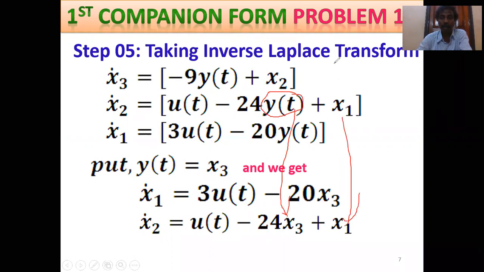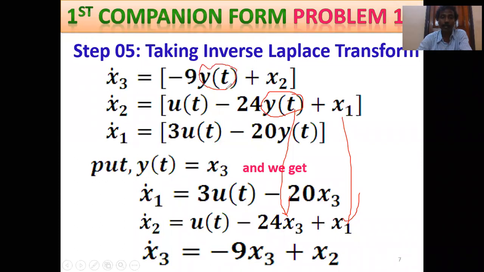Similarly, x3 dot equals minus 9 into y(t), which is equivalent to x3, and this is x2. So x1 dot, x2 dot, and x3 dot, state equation calculation complete.